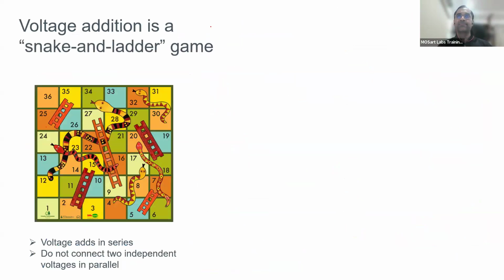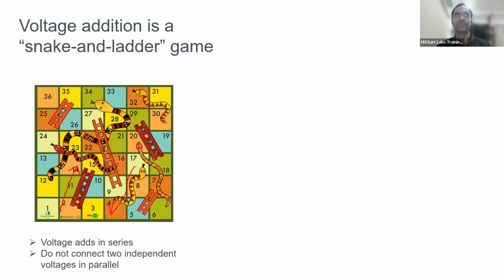Okay, so a fun game. How do voltages add? We all played the snakes and ladders game, right? When you throw a dice, whenever you get a ladder, you go up and move on, and whenever you get a snake, you come down to some value.